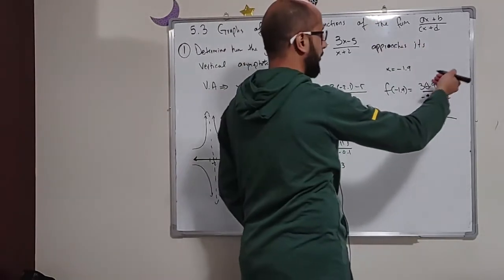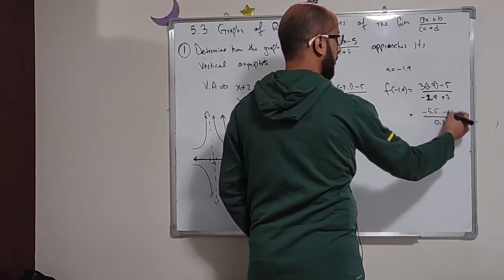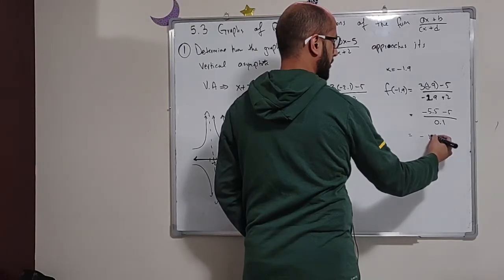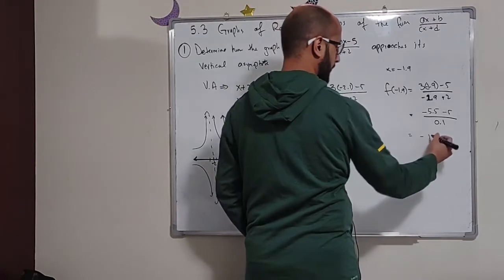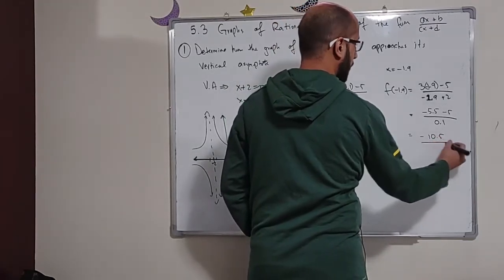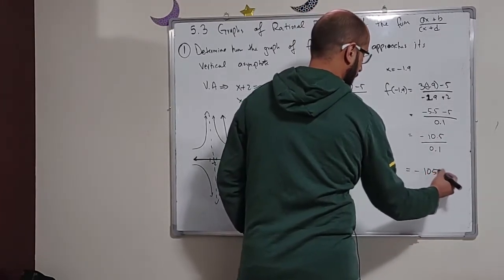That's 3.8 for 5.7. So negative 5.7 minus 5, is that right? 3.8, 4, yep. So negative 10.5 over 0.1 will be negative 105.